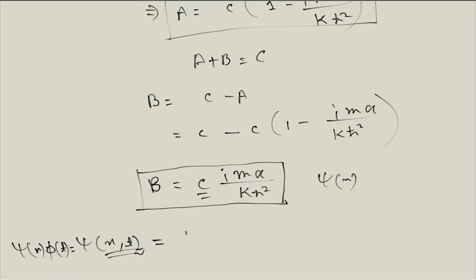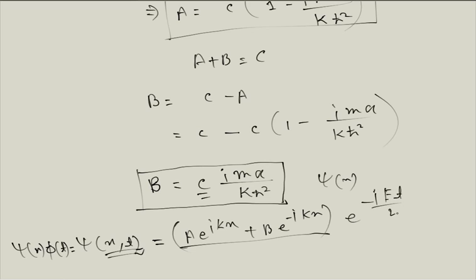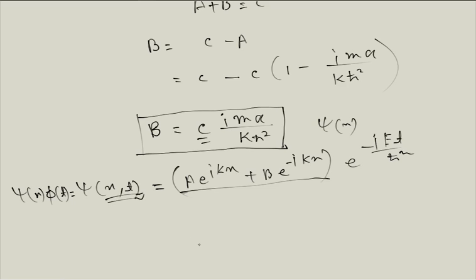That is equal to a e to the power i k x plus b e to the power minus i k x, the terms we had got there, multiplied by e to the power minus i E t over h bar, and we get the wave function. So it represents a free particle, and free particles are not normalizable.